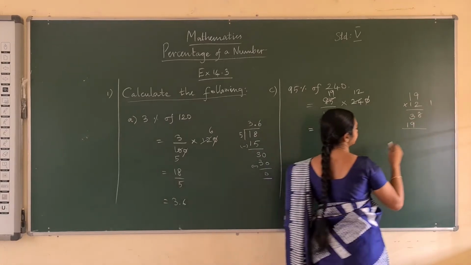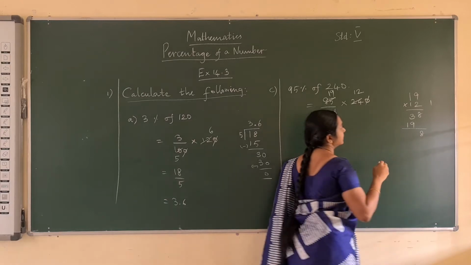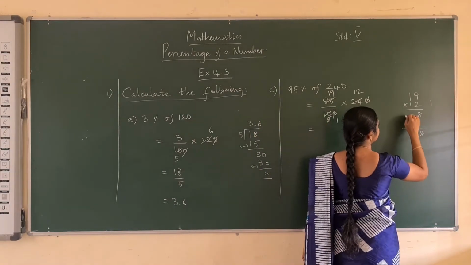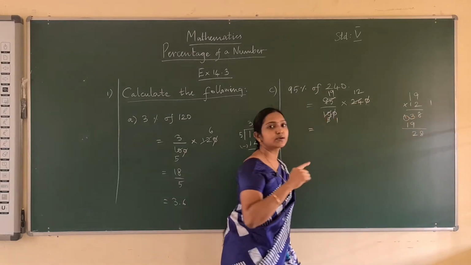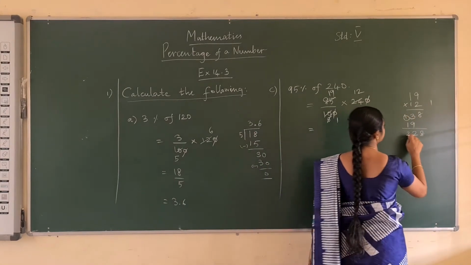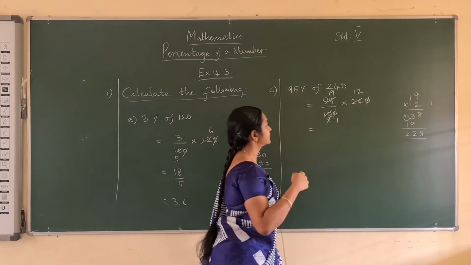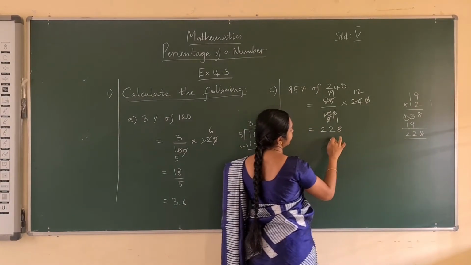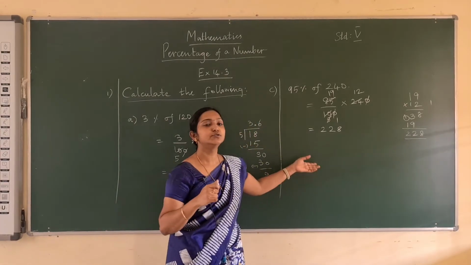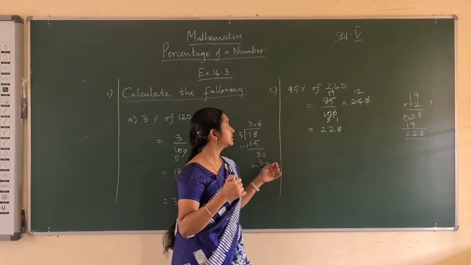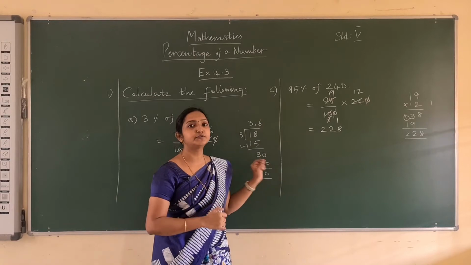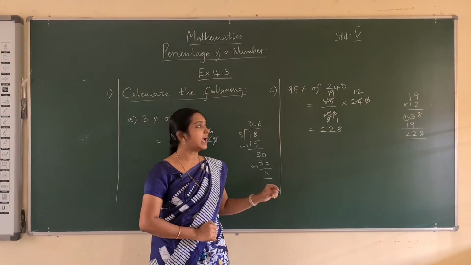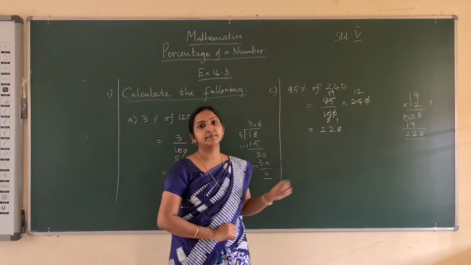Now add 8. 9 plus 3 is 12. 1 is carried to next place. 1 plus 1 is 2. So it is 228 by 1. So it is 228. 95% of 240 is 228. In this way we have to find percentage of a number.